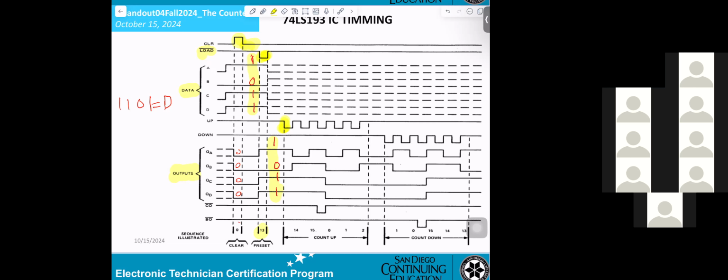When you're loading number 13, now they want to count, they apply the clock 0 to 1 transition. What happened? The output now will go to what number? 1011. That means you are already in 1011, number 13.